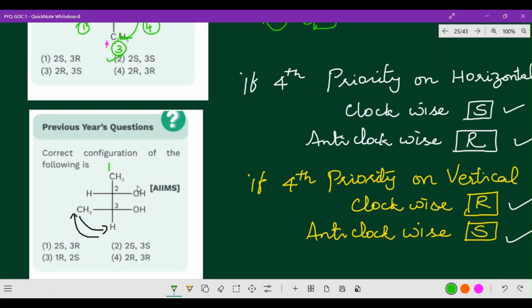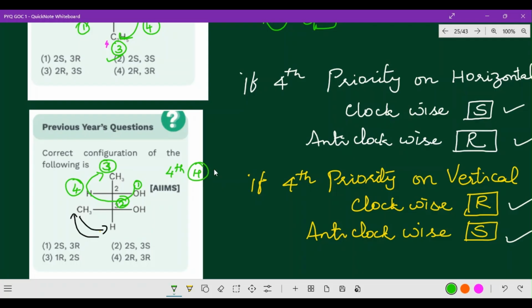Now here, whom will you give the priority? The priority order goes first to O, oxygen, then the second to CH3, and then the third priority, and then the fourth priority. So the fourth priority is horizontal, that means 1, 2, 3, and 4.